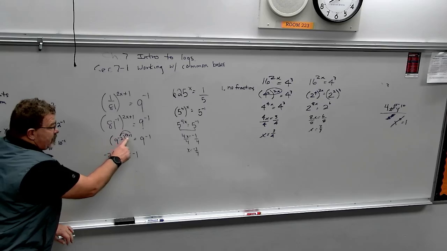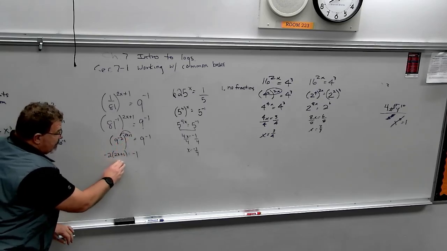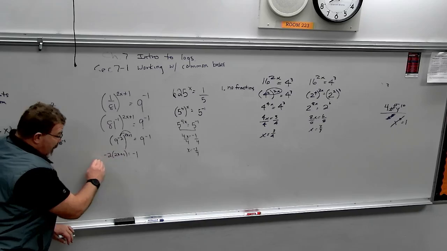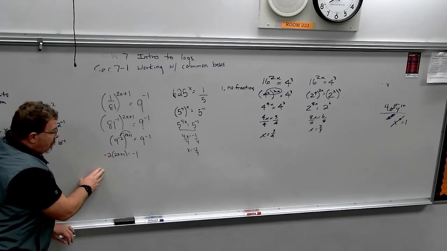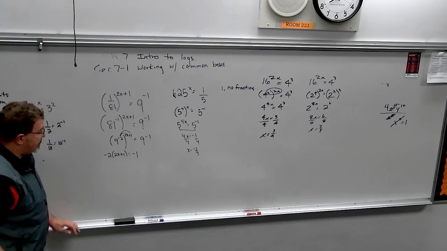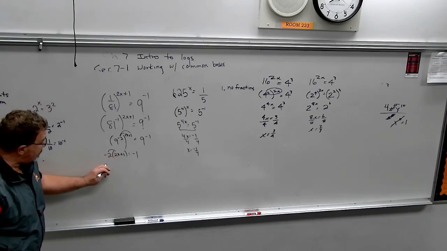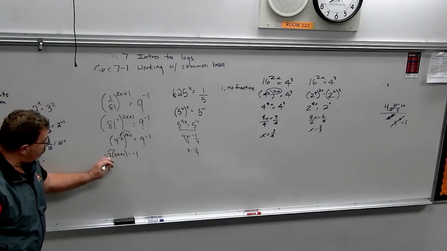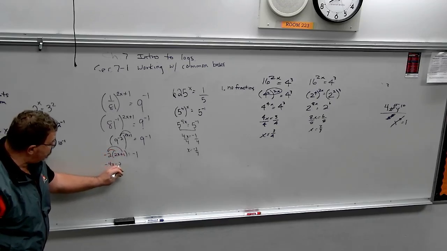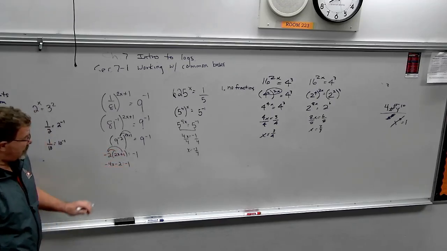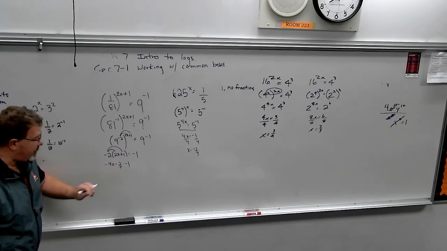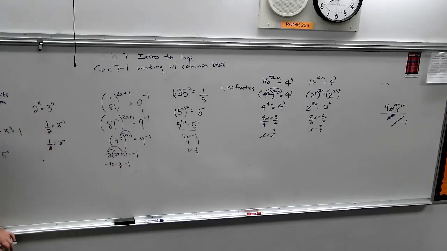So it's negative 2 times (2x plus 1). I've got to multiply everything, and then equals 1. So now, with parentheses, it lets me see that it's negative 4x minus 2 equals negative 1. Right here is where most people will miss this problem. They'll forget to distribute the negative 2.